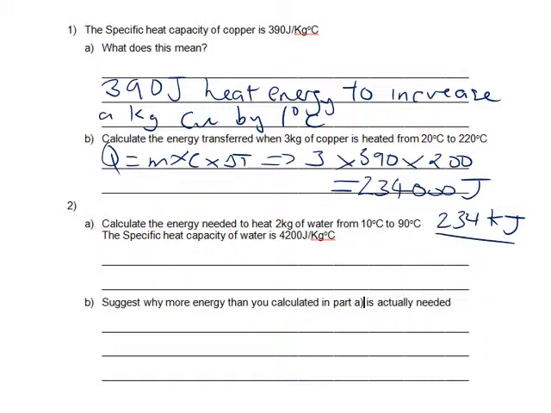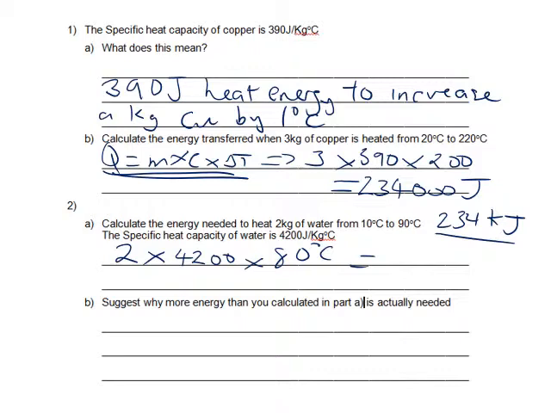Right, calculate the energy needed to heat 2 kilograms of water from 10 to 90 degrees Celsius with the specific heat capacity of 4,200 joules per kilogram per degree Celsius for water. Okay, so again, using this equation here, we're now just plugging in the numbers. So the mass is 2. The specific heat capacity is now a lot larger, it's 4,200. And the change in temperature is 80 degrees Celsius.